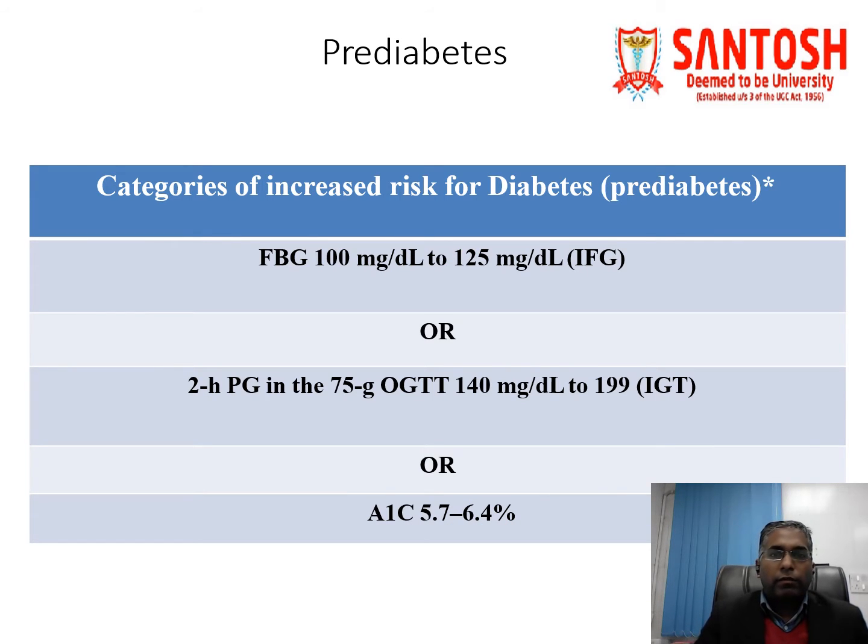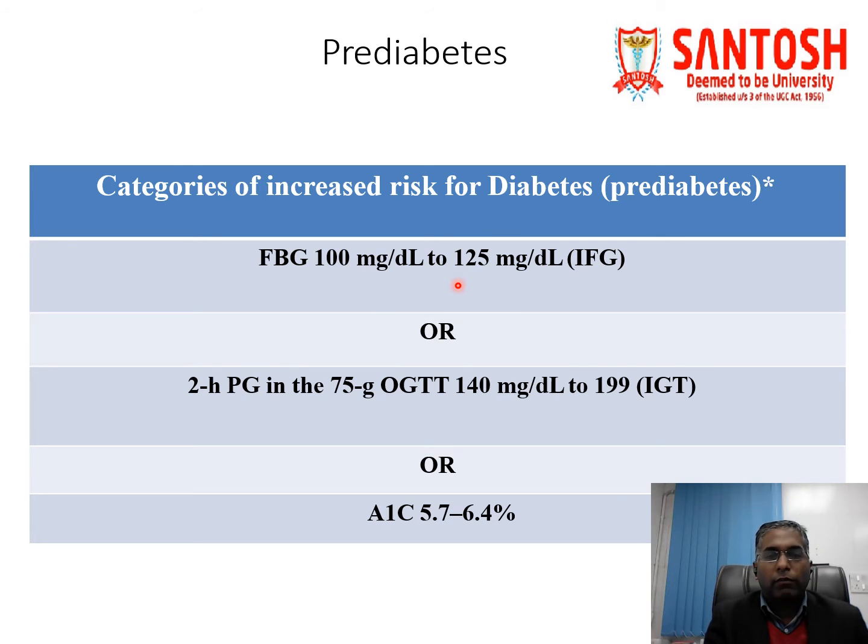Prediabetes is a condition which, if present, poses the person to suffer from diabetes mellitus in later part of life. So we can say it is a category of increased risk of diabetes.